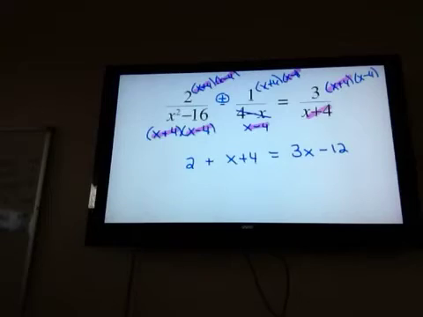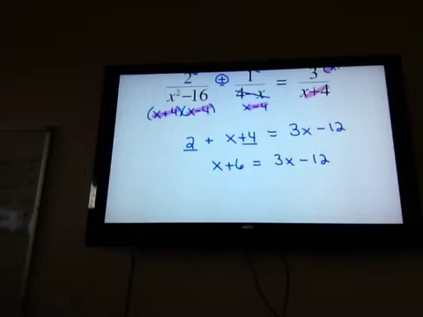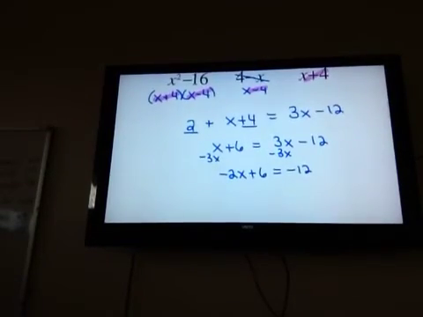And then we solve. So collect your like terms. On the left, so x plus 6. Subtract 3x, because I like x on the left most of the time here. But it doesn't matter which way you bring your x, as we know from Goal 2.